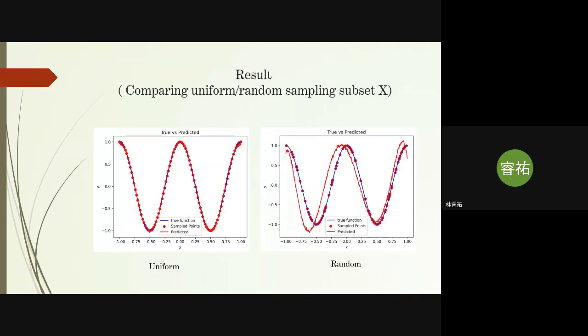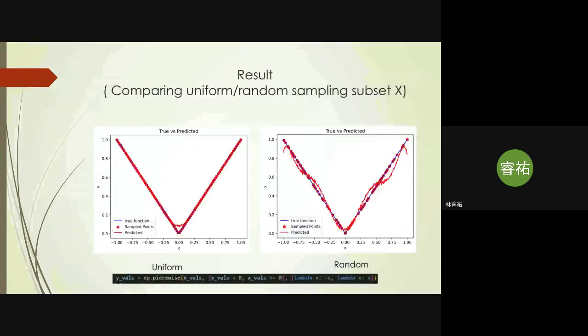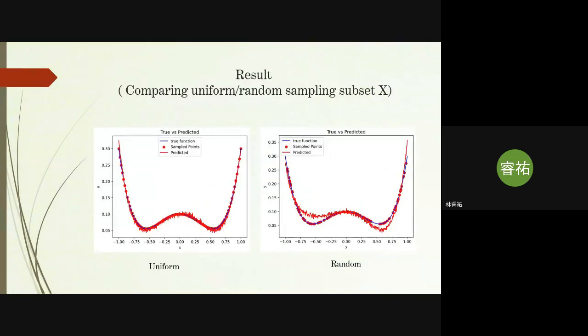This function has a more explicit explanation, I think. The uniform one can predict very well, and the random subset X cannot understand the function's x-axis coordinates. Yes, this is some outcome. That's all about my part, and I think that's all about our presentation.